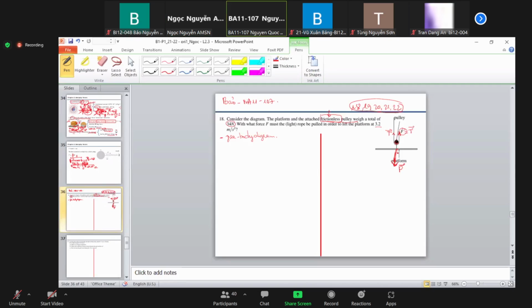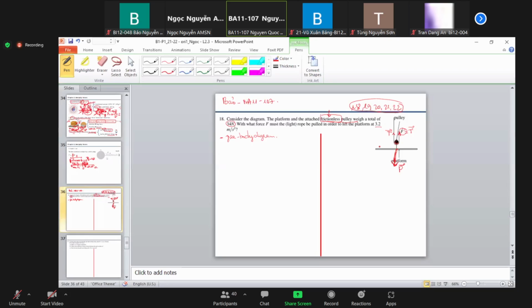And we apply the second law. The gravitational force is downward, and two tension forces are upward.